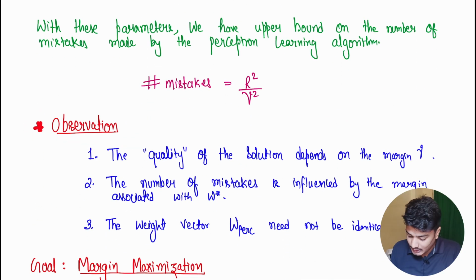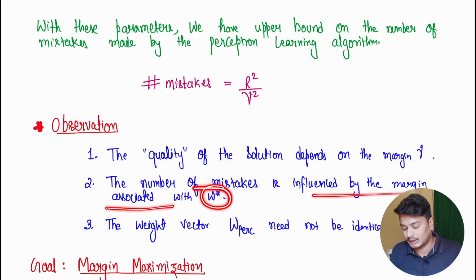Now, with these, we have some observations. The first observation is that the quality of the solution depends on this margin gamma. Second, the number of mistakes is influenced by the margin associated with W star.